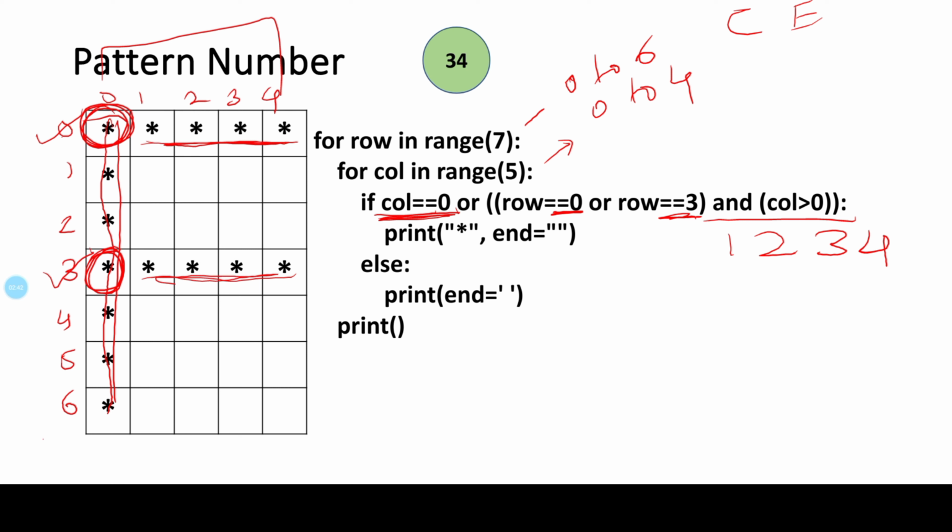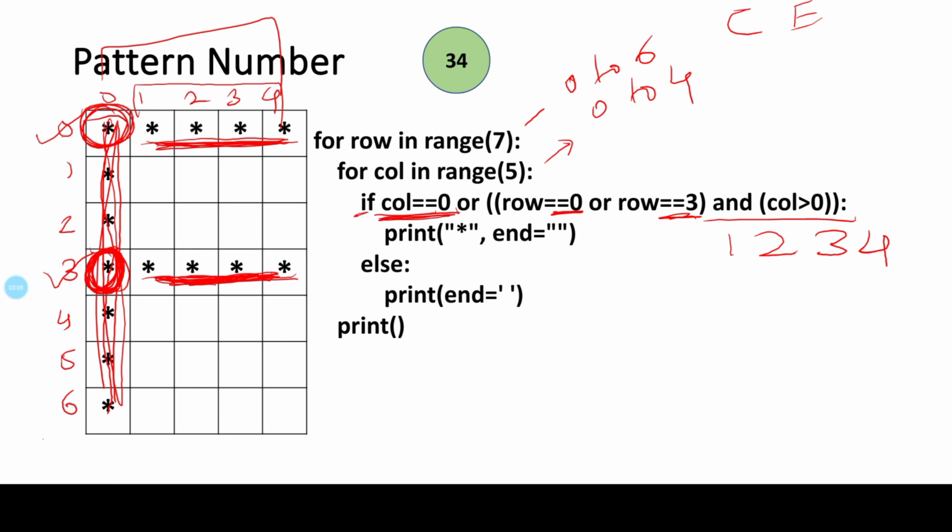Very simple video, right? So when the column is equal to 0, I need stars. When the row is equal to 0 and when the row is equal to 3, I need stars. But make sure that when you are drawing the row stars, we do not want the column star to get overwritten. So an AND condition is over here, that whenever the column number is 1, 2, 3 and 4, draw the stars, right?